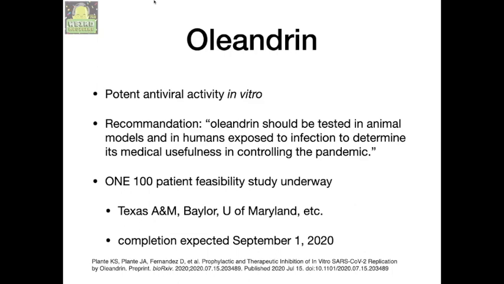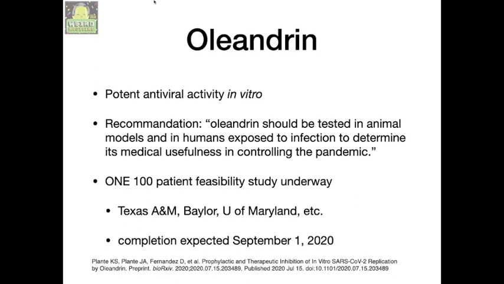Lots of things that are toxic in their natural form can be used as medications. But there was a study, and I've given you the reference below. This was an in vitro study again. But they did recommend that it was potent enough that it should be tested in animal models and in humans exposed to infection to determine its medical usefulness in controlling the pandemic.